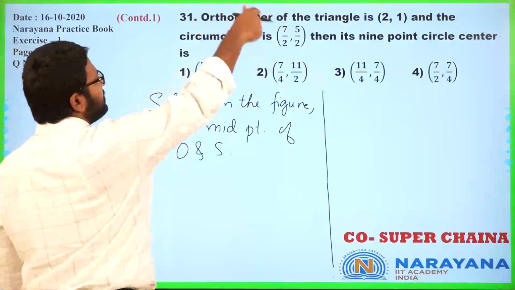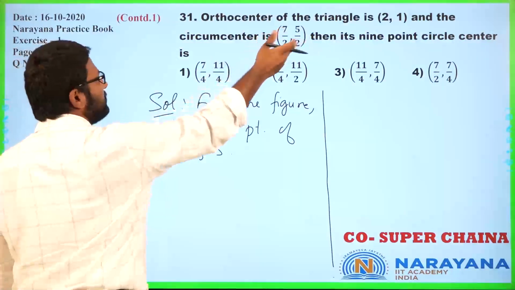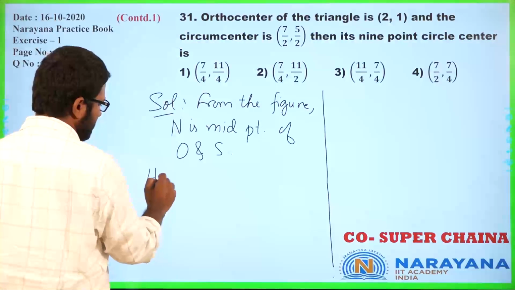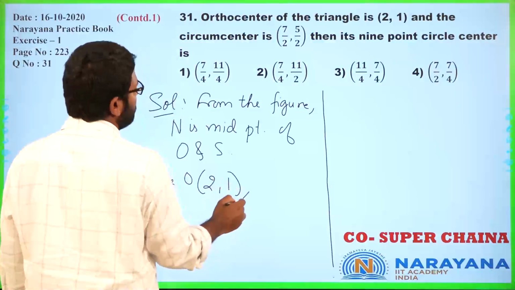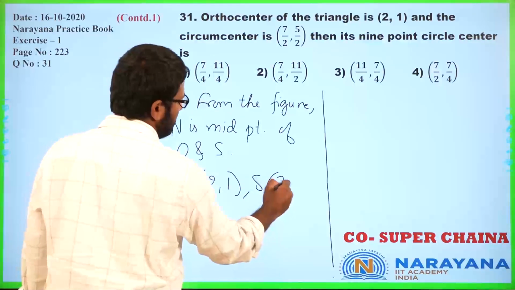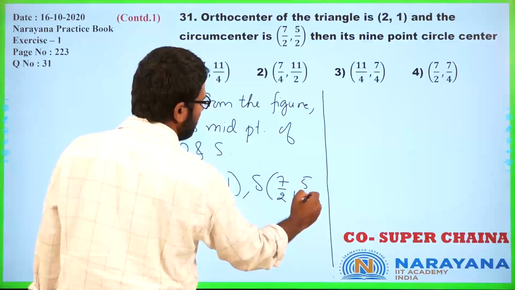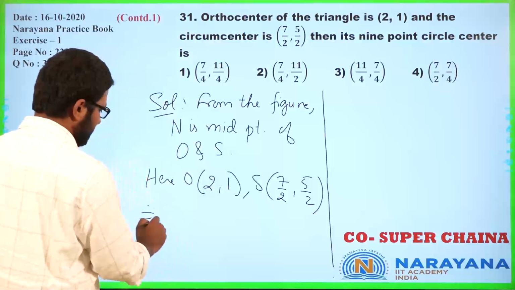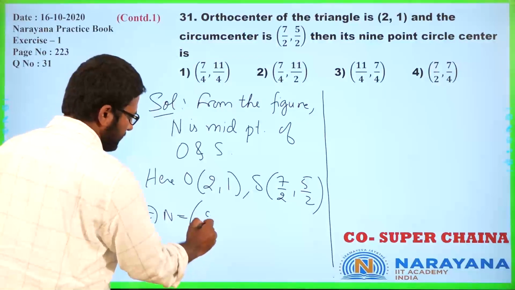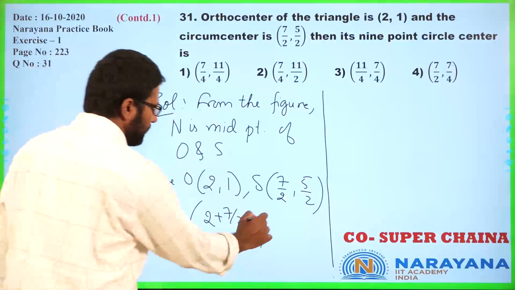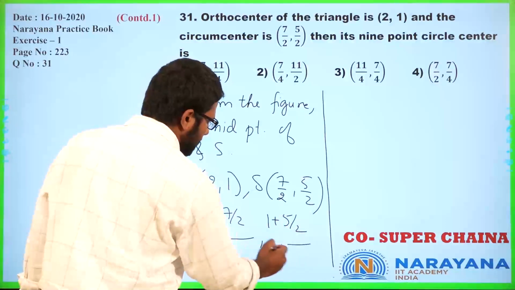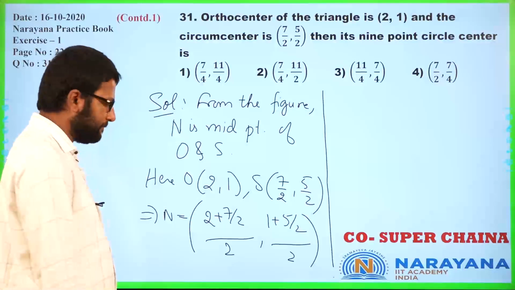So here O and S are given, therefore just find the midpoint, right? Here O is 2,1 orthocenter, S is 7/2, 5/2, right? Which means N is 2 plus 7/2 upon 2, 1 plus 5/2 upon 2, midpoint formula.